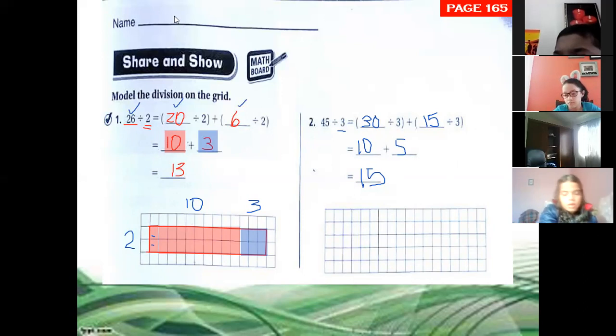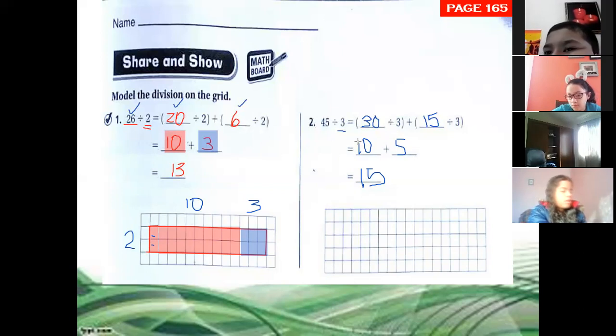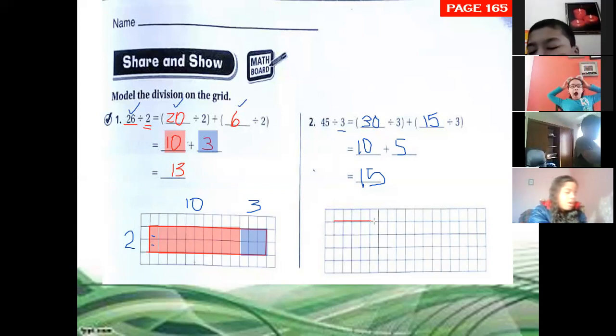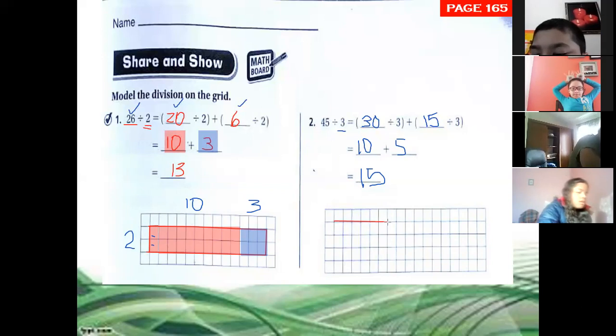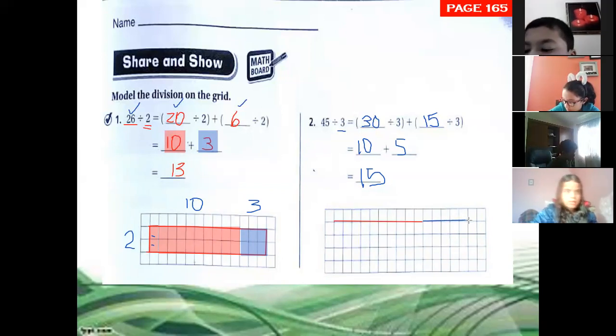Now let's do the model. Let's do this one, 10. 1, 2, 3, 4, 5, 6, 7, 8, 9, and 10. Okay? And 5 more, but let's do it in another color. 1, 2, 3, 4, and 5.